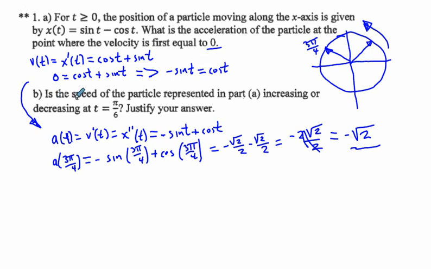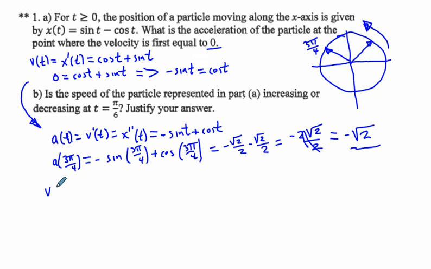Now B: is the speed of the particle represented in part A increasing or decreasing at t equals pi over 6? Justify your answer. Well, what we look for is signs. Our velocity, cosine t plus sine t, is going to be greater than 0 because we're in quadrant 1.